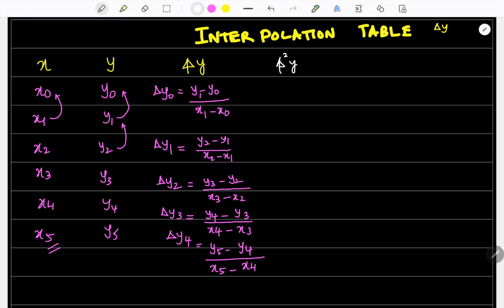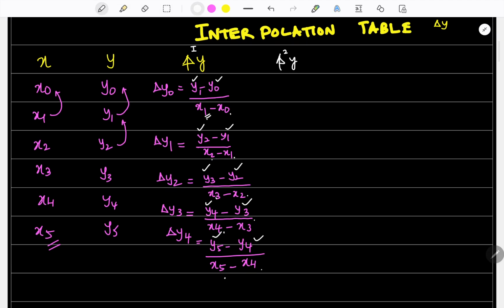Okay, teacher, how are you remembering this formula? Very easy. See here, y1, y2, y3, y4, y5, and this is y0, y1, y2, y3, y4. This is the first iteration, so we start with x1: x1, x2, x3, x4, x5 minus x0, x1, x2, x3, x4.